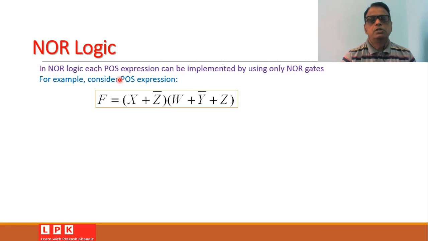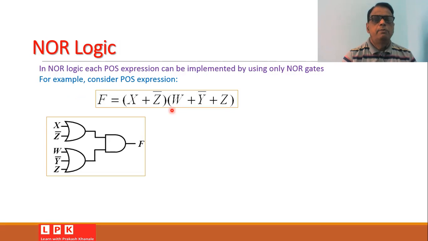For example, suppose we have been given the POS expression X plus Z bar into W plus Y bar plus Z. Now, such a circuit can be drawn by using an AND OR circuit. The first OR gate will have the inputs X and Z bar. The second OR gate will have the inputs W, Y bar and Z. The output of both the OR gates are connected to the AND gate, of which the output is F.